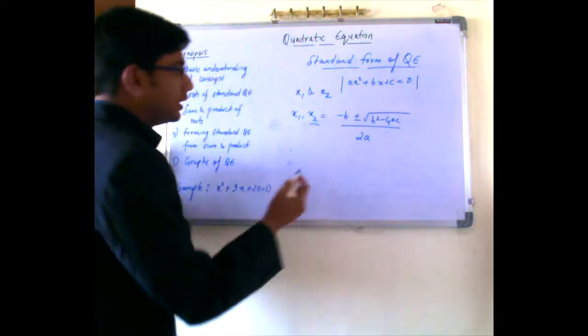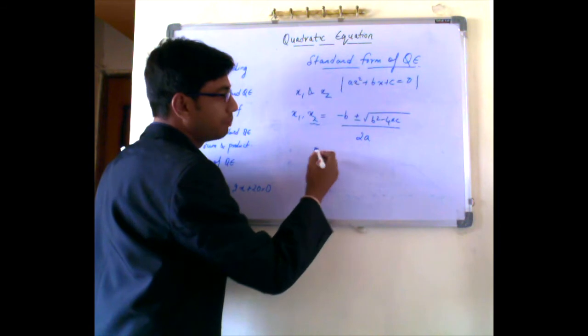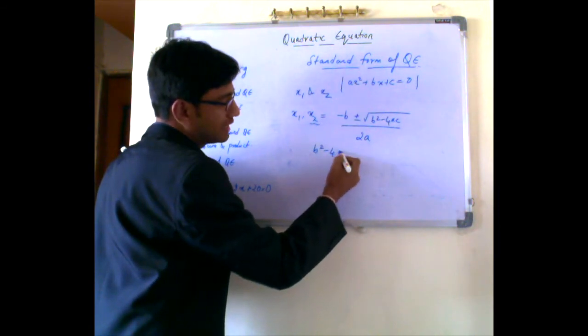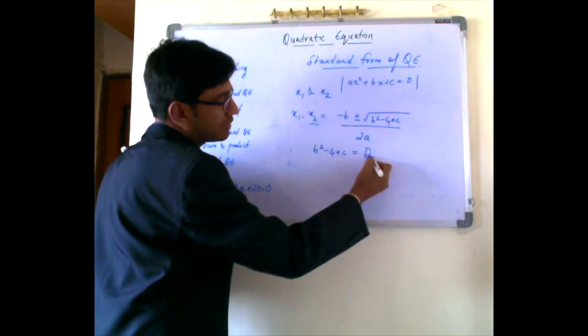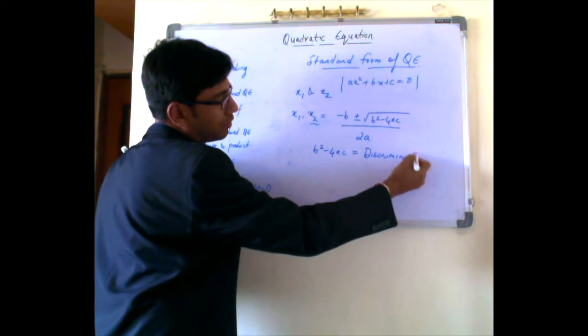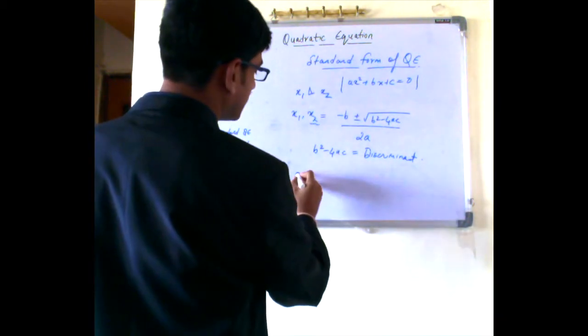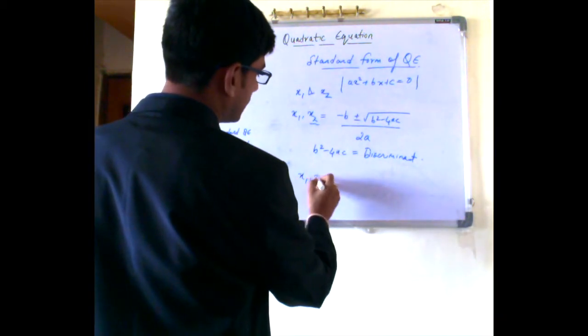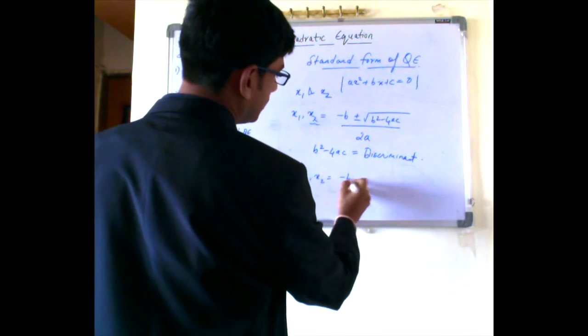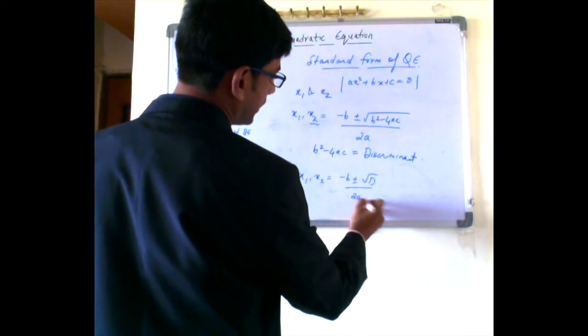Now there's one more term in this, the discriminant. b² - 4ac is often termed the discriminant D of the quadratic equation. So I may write this as x1, x2 = (-b ± √D) / 2a.